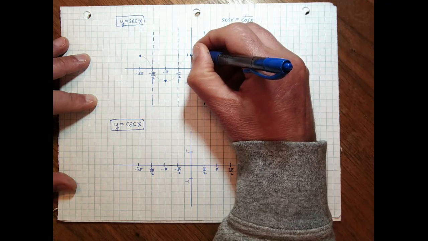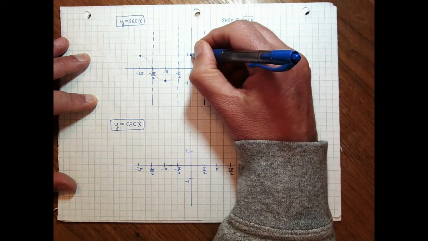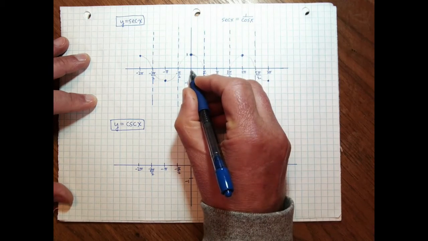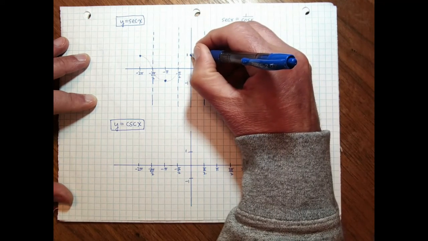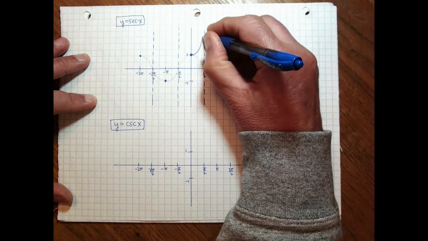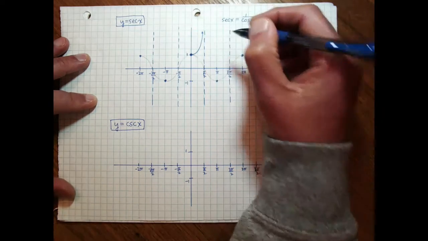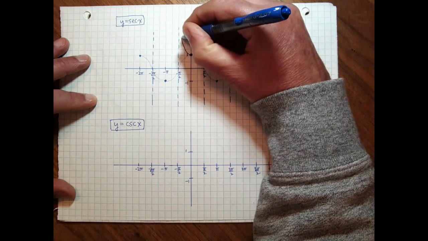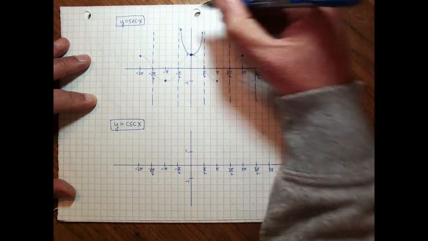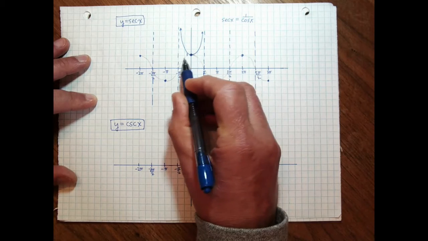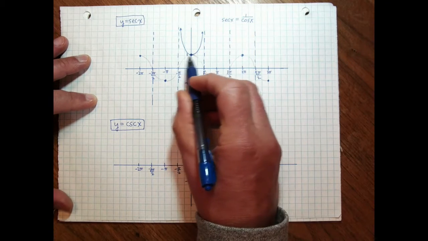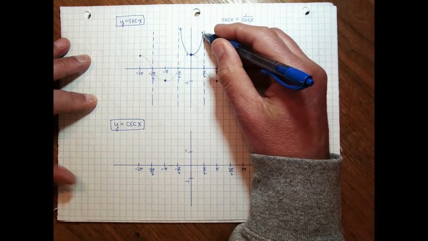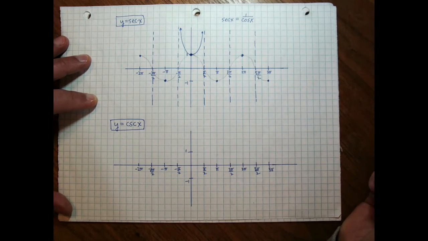So what happens with secant is, as we move to the right of x equals 0 toward pi over 2, the values of secant blow up and get larger and larger. And to the left, a similar thing occurs. 1 over a positive number is still positive, but near the vertical asymptotes, the values of secant blow up.